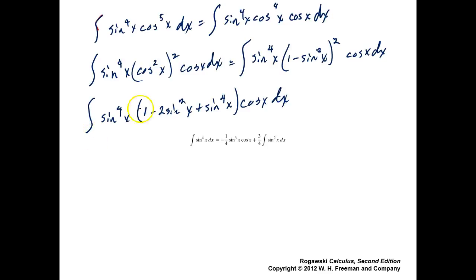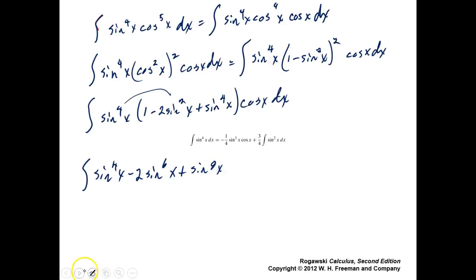Now, I'll multiply through the sines. Okay? That will give me a sine 4th x, which I've had from the beginning, minus 2 sine 6th x plus sine to the 8th x.